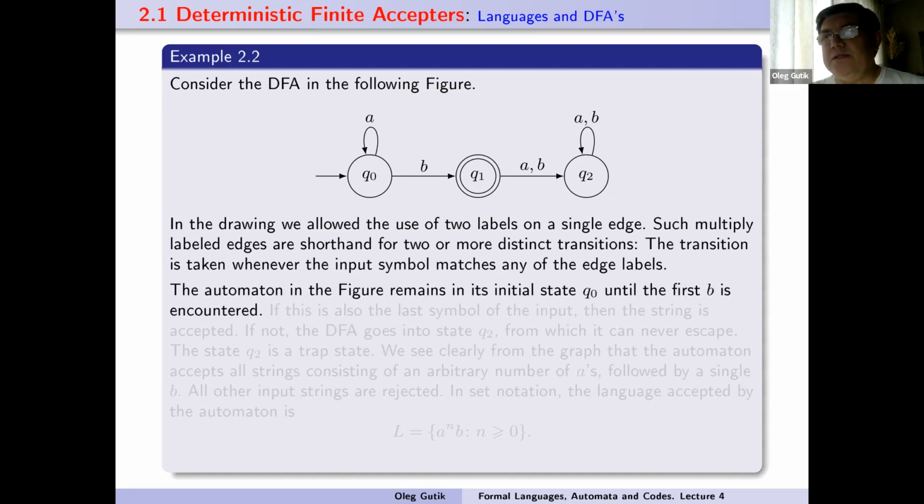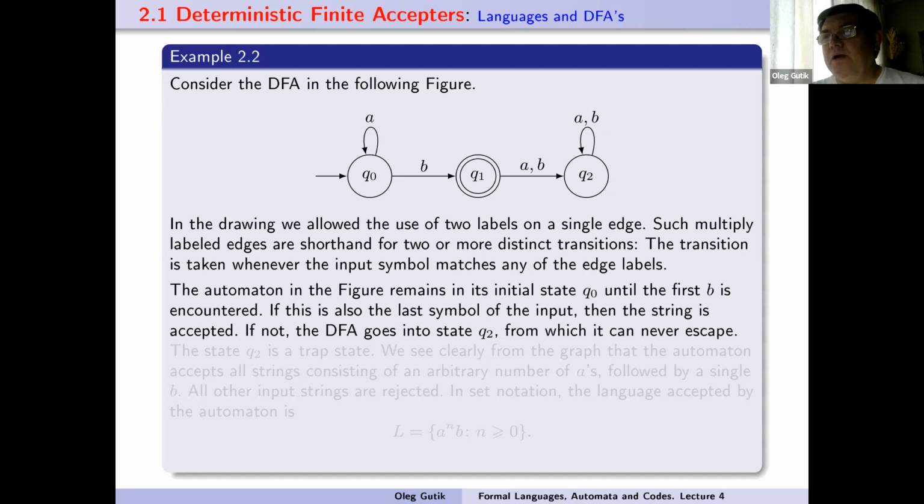The automaton in the figure remains in its initial state Q0 until the first B is encountered. If B is also the last symbol of the input, then the string is accepted. If not, the deterministic finite acceptor goes into state Q2, from which we can never escape. The state Q2 is a trap state.